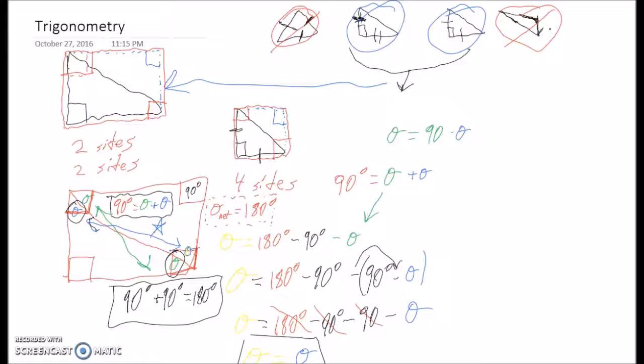If it's a rectangle, this side here must equal this side here, and this side here must equal this side here. Isn't that beautiful?